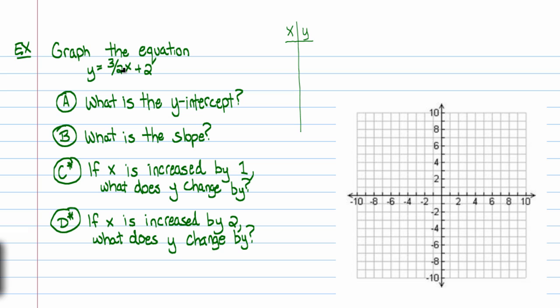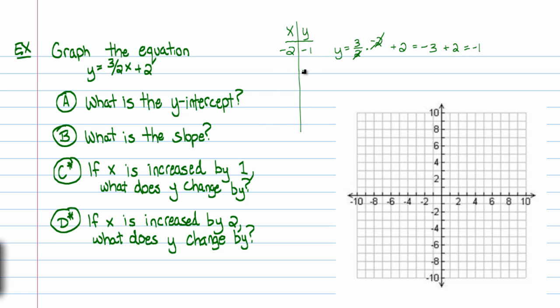So any multiple of 2, choosing an x value that's a multiple of 2 would be perfect. So like x equals -2 is fine, because that means that y is equal to 3/2 times -2, and then plus 2. And now this 2 over 2 turns into 1. That negative times 3 is a -3 plus 2, which is a -1.